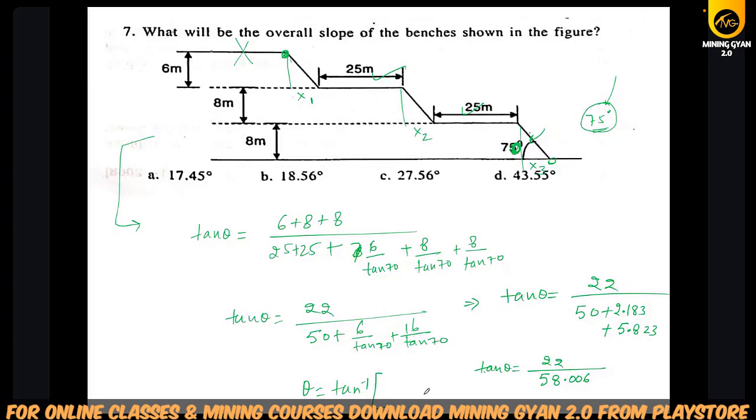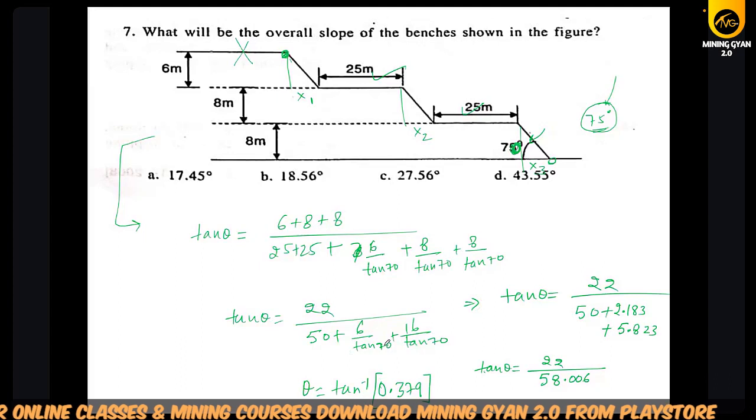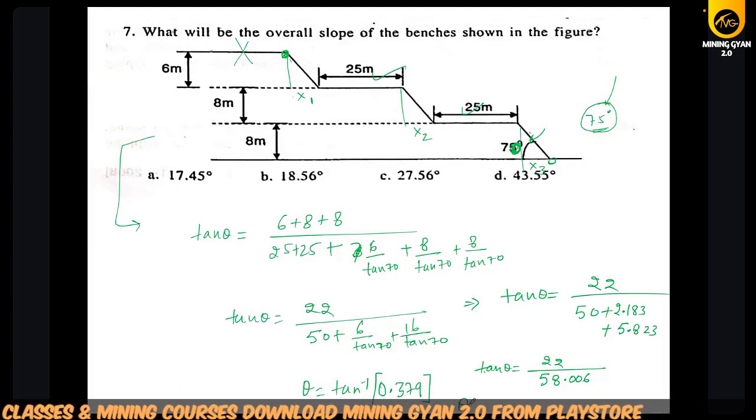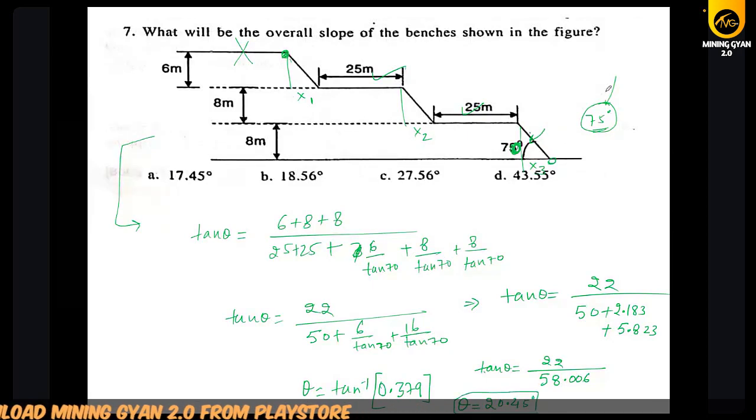So it will be 0.379. So theta equal to 20.45 degree. So at home, after the class, take theta equal to 75 and calculate with the calculator.